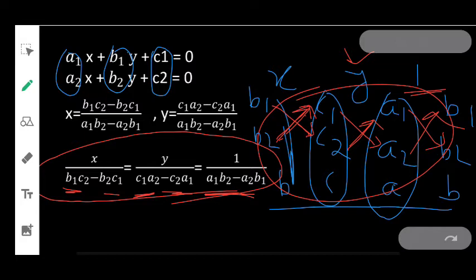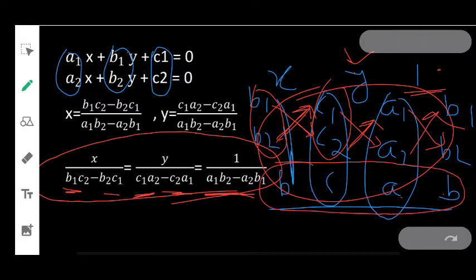First write x, y and 1. Below x write the coefficient of y, then the constants, or you can just remember the method B C A B. So write B1 B2, then C1 C2, then A1 A2, then again B1 B2, then cross multiply: from the left, top to bottom, then bottom to top.